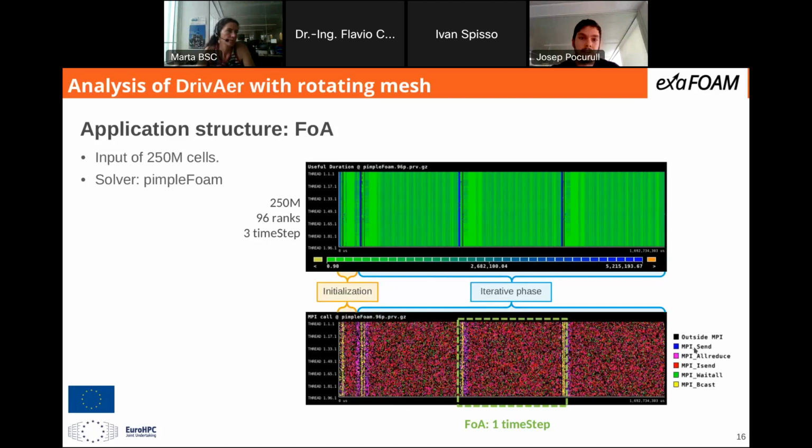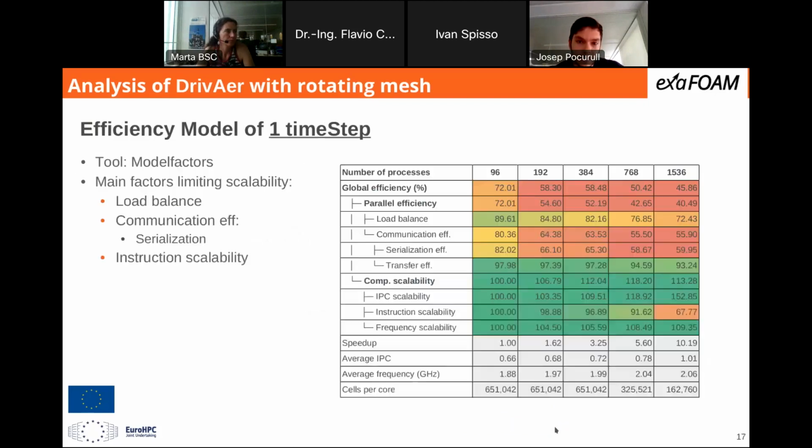So for the focus of analysis, we did the analysis for only 1 time step. Here we use the tool model factors, that is the tool that Marta called basic analysis.